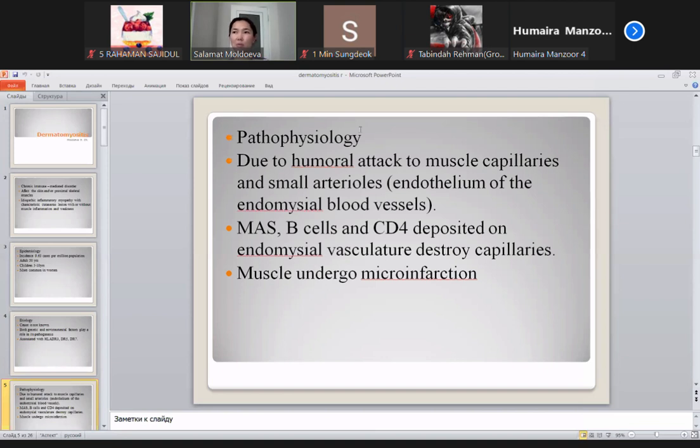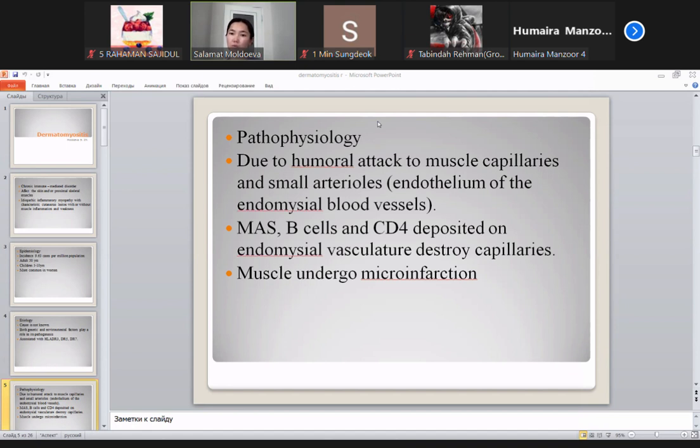And when doctors do a biopsy of muscle, they often find a viral infection in the muscles. Which virus? Epstein-Barr virus, mainly. What happens when there is persistent circulation of viral infection? There will be a humoral attack on muscle capillaries and small arterioles, because they were affected by this viral infection.